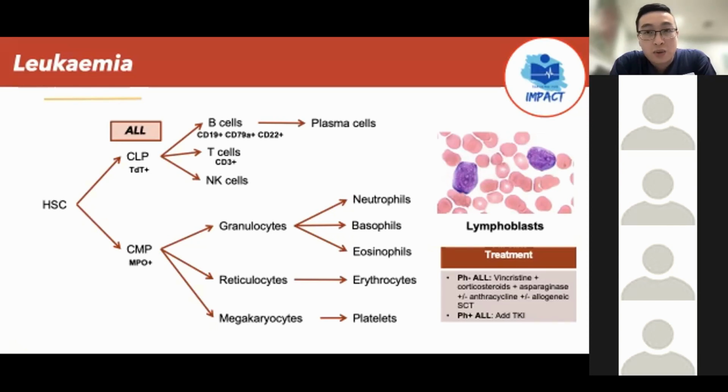In such cancers, you would expect patients to present with B symptoms. B symptoms is usually a constellation of symptoms that was previously used to refer to the clinical presentation of lymphomas. But often, patients with acute leukemias also present with B symptoms as well.